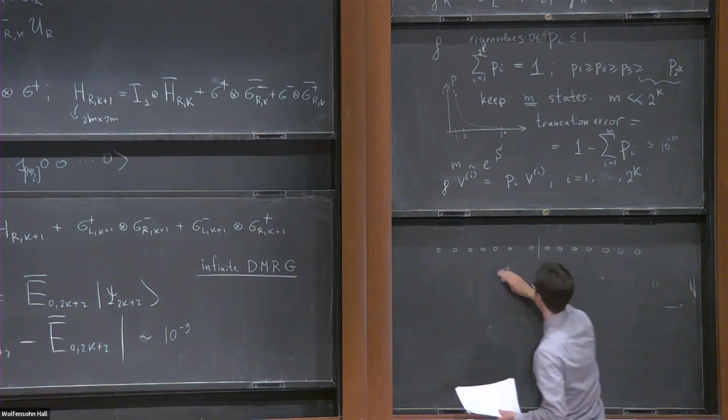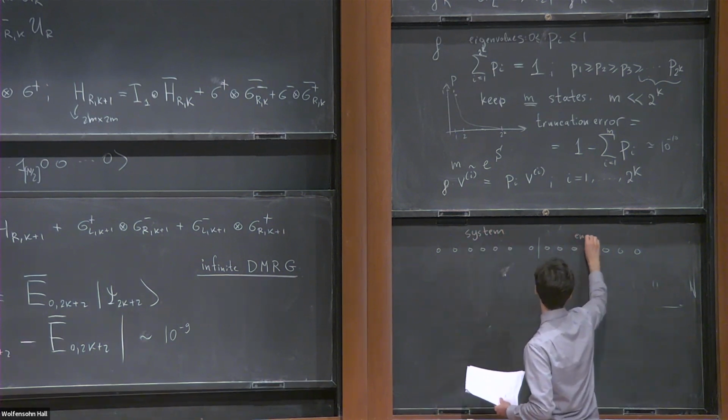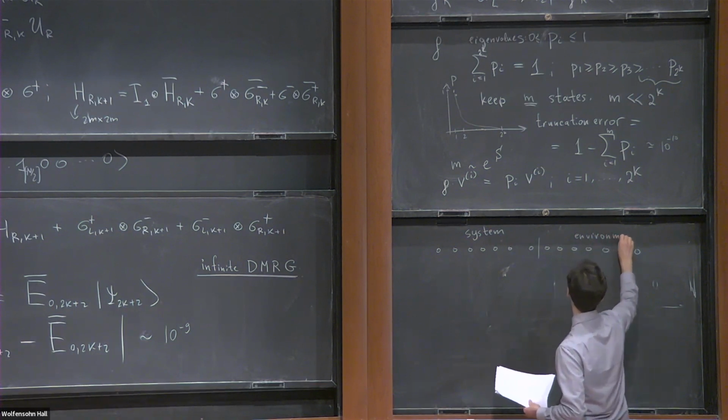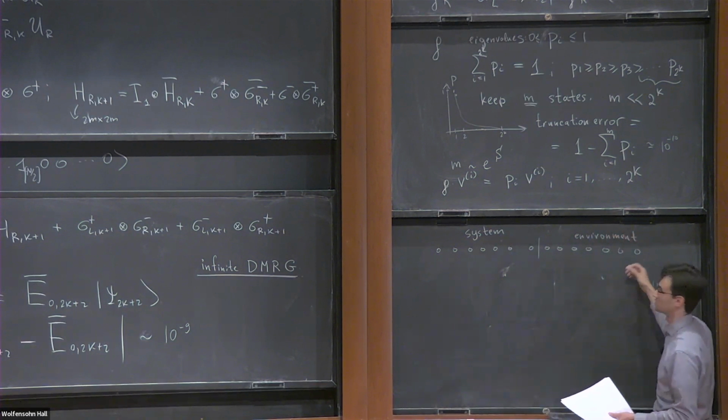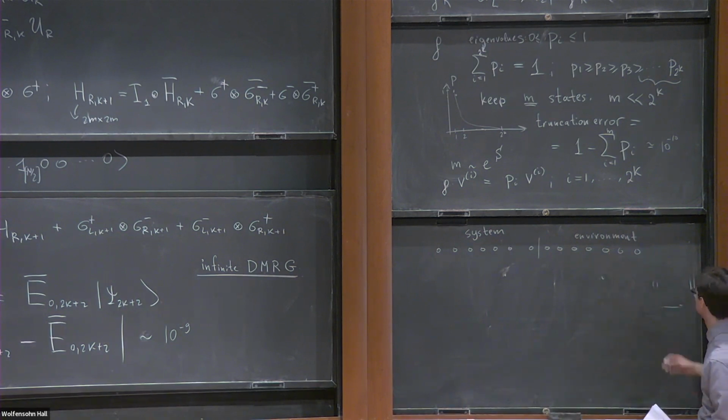So this is our system. This is our environment. Let's say we build it to 100 sites, for example. I draw only 14, but let's say it's 100.